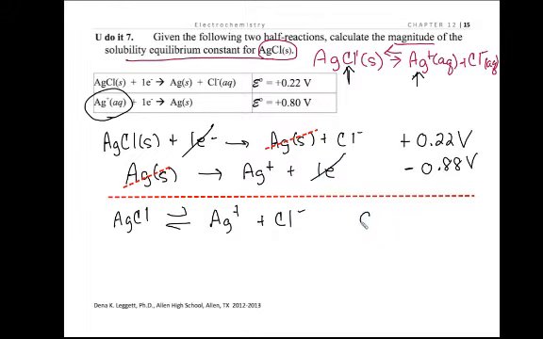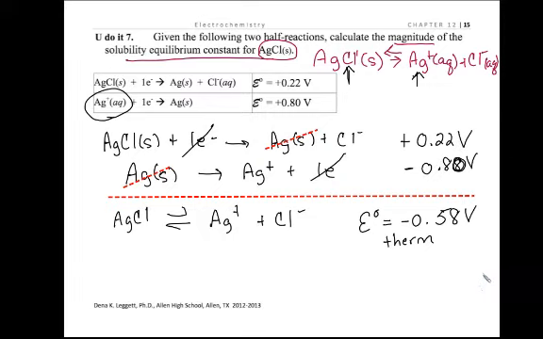And my E naught for this cell would be equal to minus 0. Wow, I think I might have a mistake here. Oh, this is 80, not 88. That's why. There we go. Minus 0.58 volts. Now that negative indicates we have a thermodynamic barrier to making lots of product.